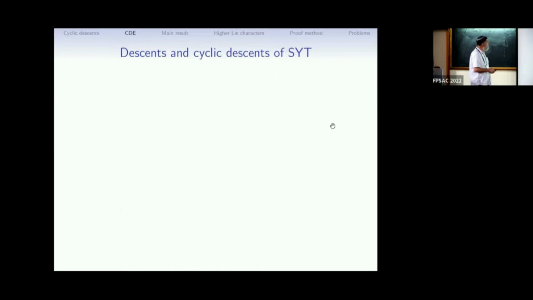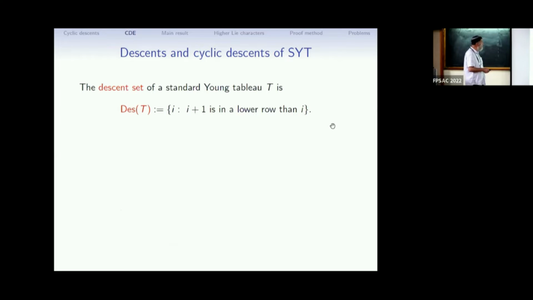Anyway, there are descents and cyclic descents, and there are descents of standard Young tableaux. I suppose they were introduced by Schützenberger, or maybe he was the first to realize that RSK naturally defines a descent set on a standard Young tableau. If it's not Schützenberger, please correct me.